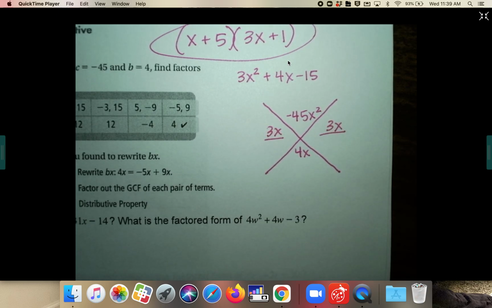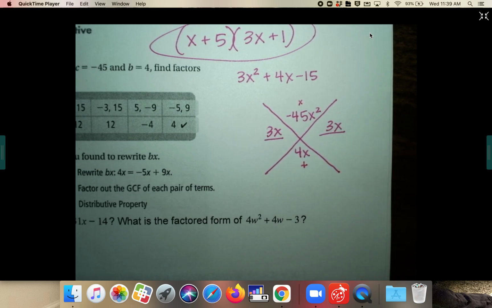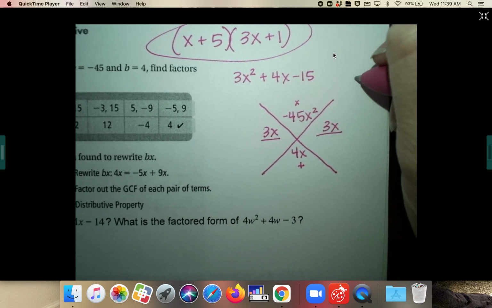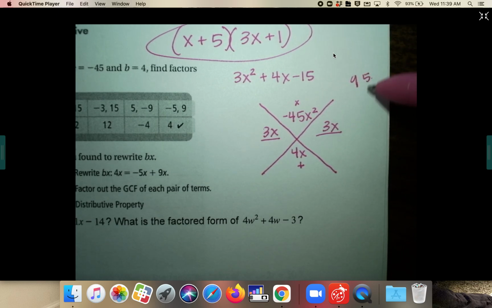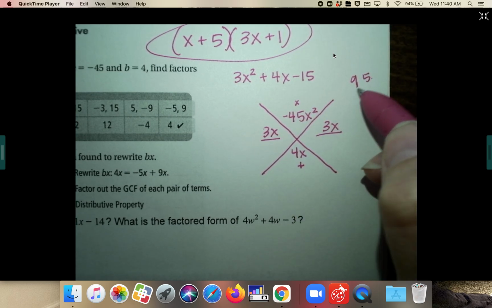What can we multiply to get negative 45 and add to get 4? What makes 45? I'm going to have to write some off to the side. 9 times 5 is 45, and we can actually get a 4 out of that. I can't believe it was my first guess. But we need it to be negative, so one of these is going to have to be negative.